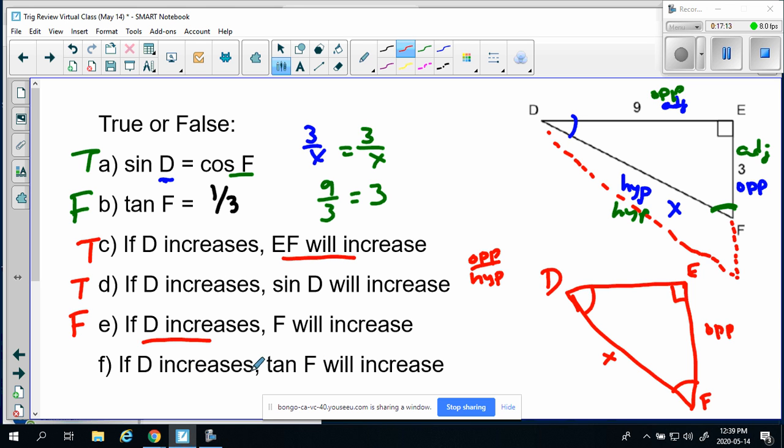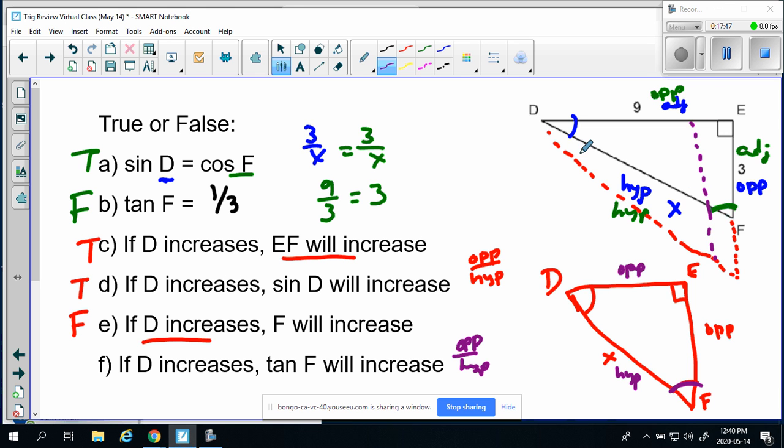What about tan of F? So tan of F is the opposite over the adjacent, but not as we've labeled it before, because we were always focused on angle D before. So if we're focused on angle F, then this is the opposite, and this is the hypotenuse. And what has happened to that opposite side from the old version to the new version? As we've increased this angle, this side has lengthened, and this side has actually shortened.